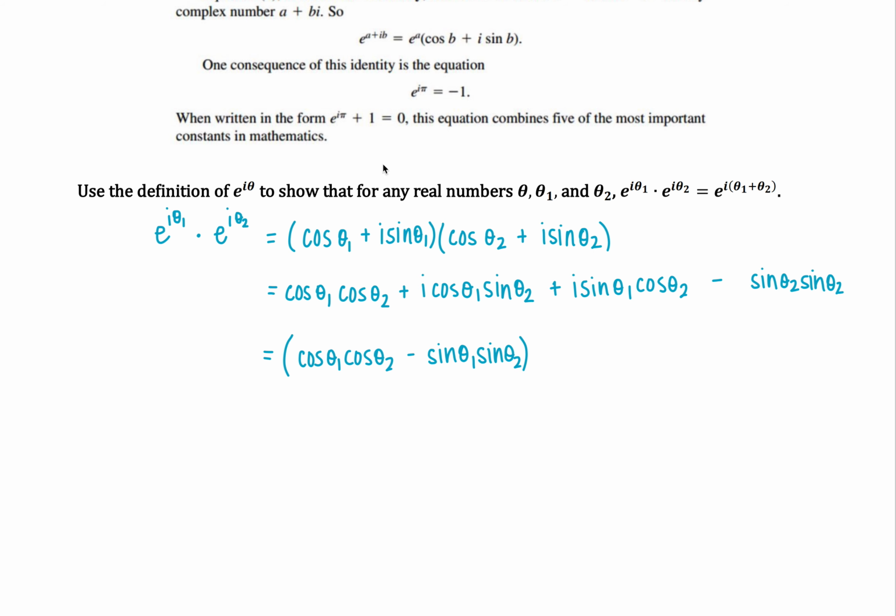I just realized that I wrote sine theta 2 twice. Fix that. Plus I times. Now I'm going to actually flip the order of these two. I'm going to put this term first and this other term second, just to make it match the trig identity a little better.